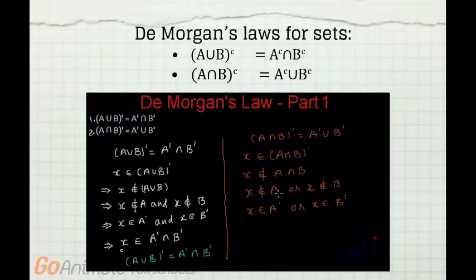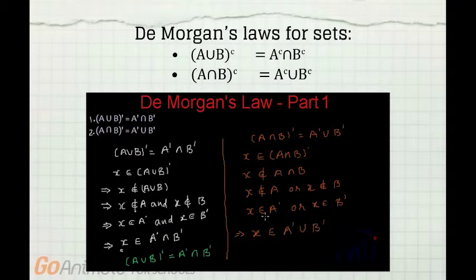If x is not an element of A or x is not an element of B, that means it is either in A complement or it is there in B complement, right? That means x is definitely there in A complement union B complement.